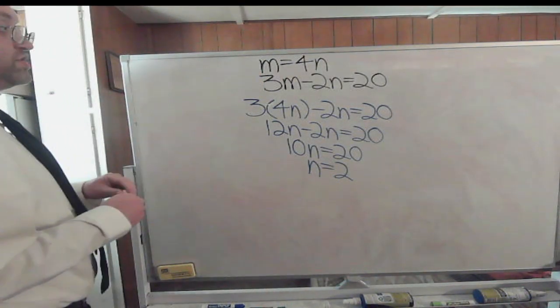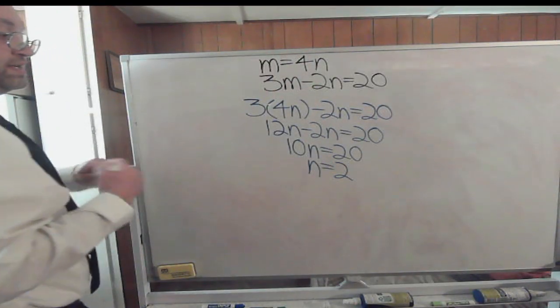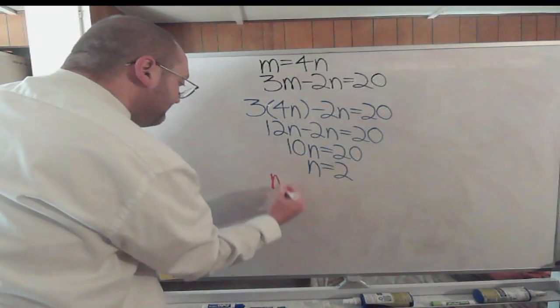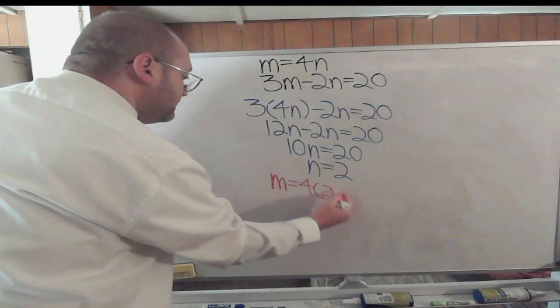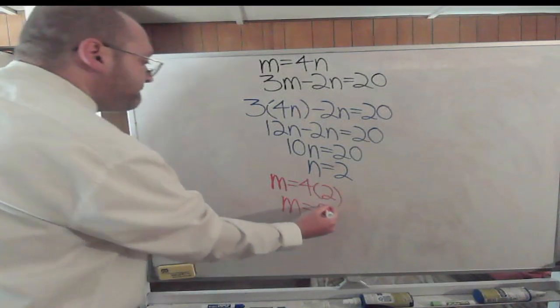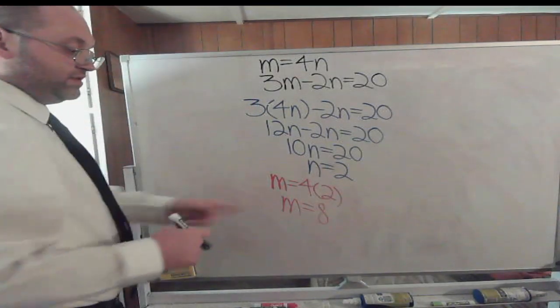Now all you have to do to find your m coordinate is take that n coordinate of 2 and put it into one of these equations. I'm going to put it into m equals 4n. So m would equal 4 times 2, which means m equals 8. So the m coordinate for the point of intersection is 8.